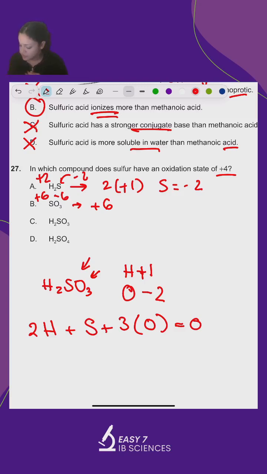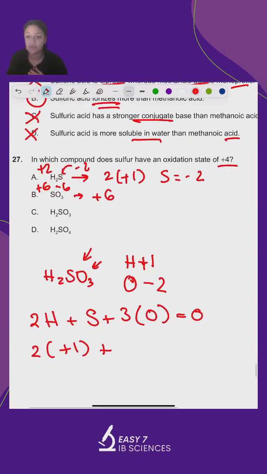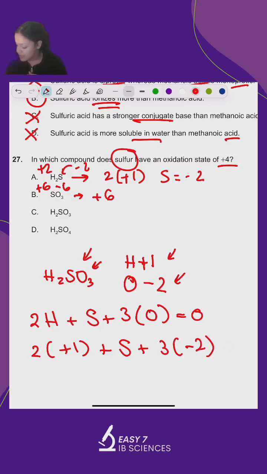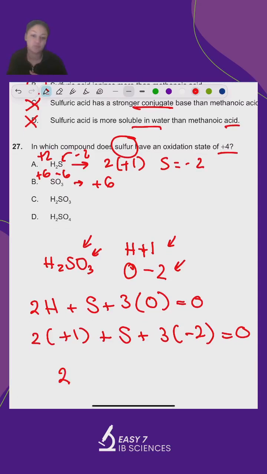So 2 times +1, because hydrogen is always +1, plus sulfur, our mystery one, since we're trying to find out what oxidation state sulfur is, plus 3 times the oxygen, which is always -2. Again, that's one of our rules, and that should equal 0. So 2 plus sulfur plus -6 has to equal 0.